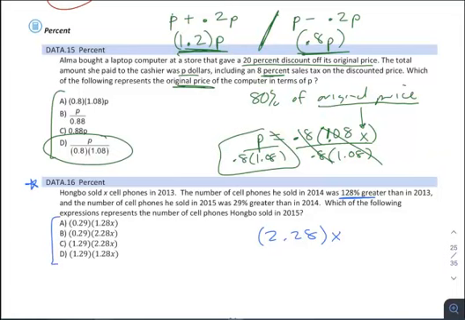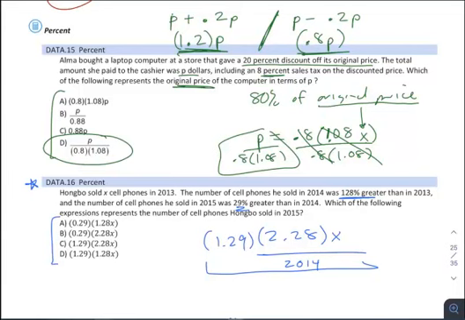And then in 2015, they sold 29% more than that. So this was 2014, and 2015 is going to be all of that times 29% greater. Well, 29% greater is 1.29.